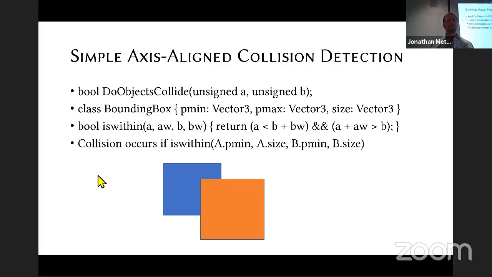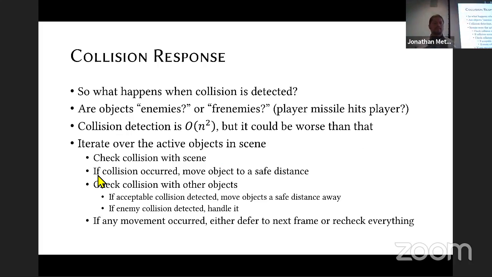So that's collision detection, but once you have determined there's a collision, you have to have a second part, and that's response. In order to do that, we are basically answering the question, what happens when a collision is detected? And this question I pose: are the objects enemies or frenemies? This is something to think about. If you look at Super Mario Brothers, that's pretty easy to think about because if a Goomba hits you, then that's clearly an enemy, right?